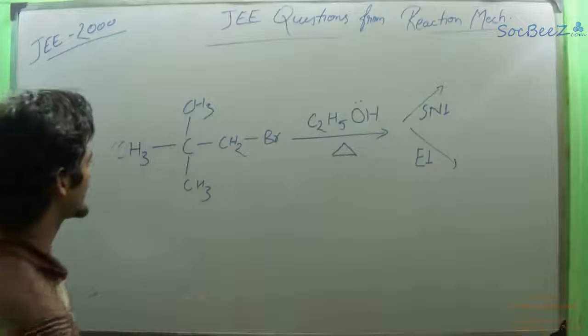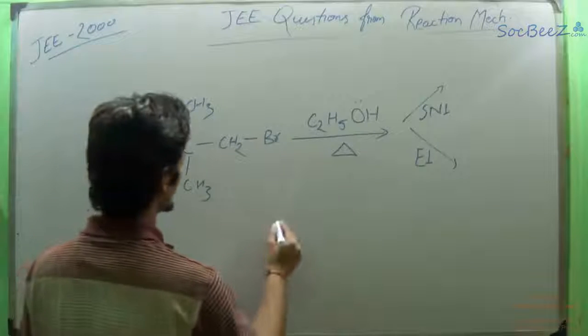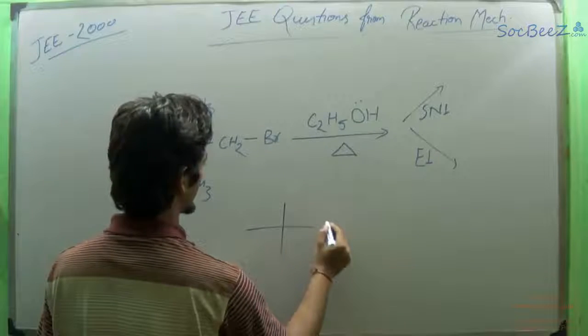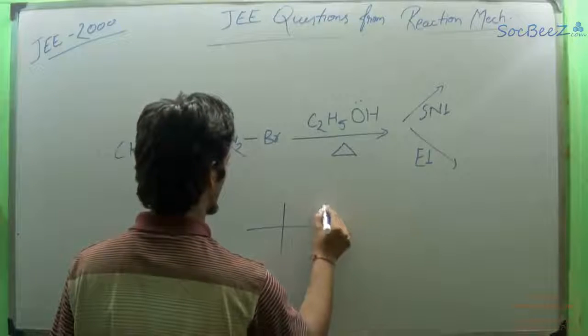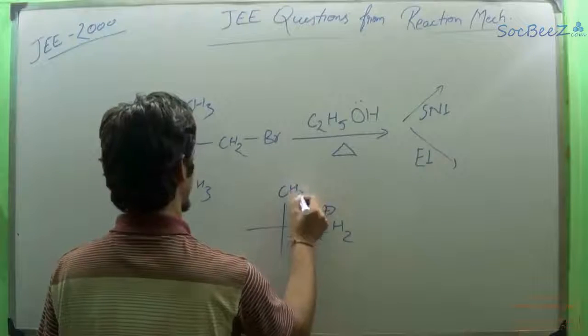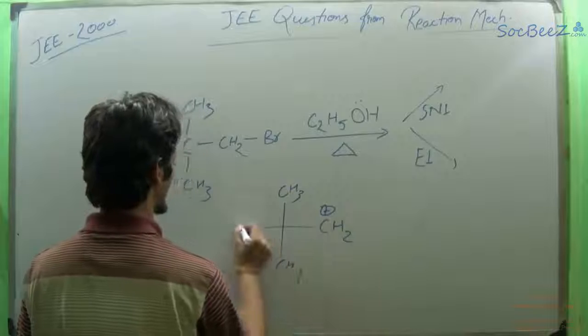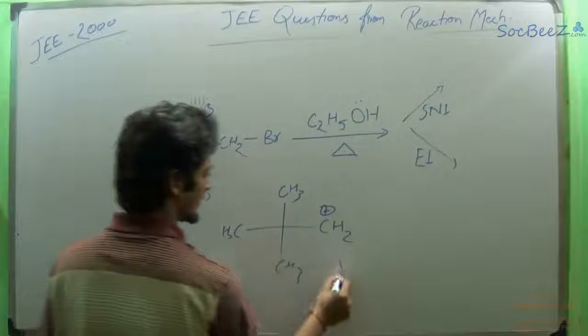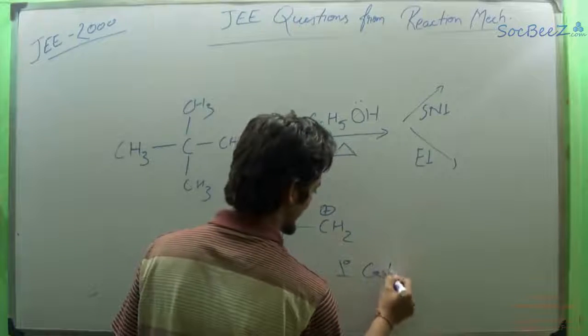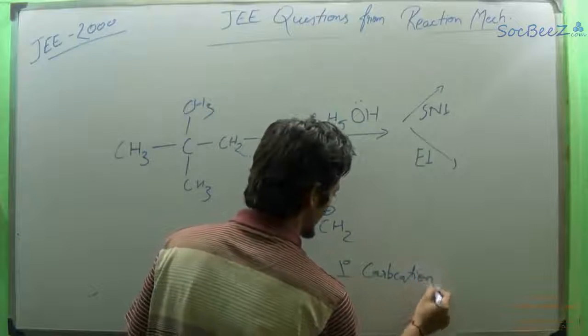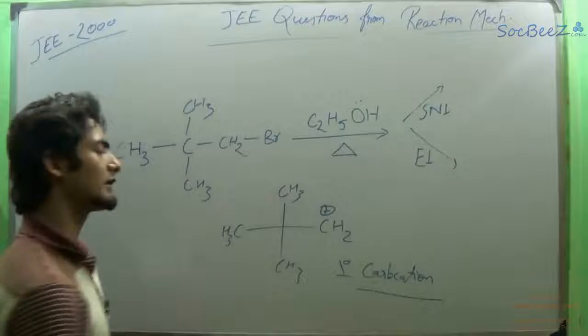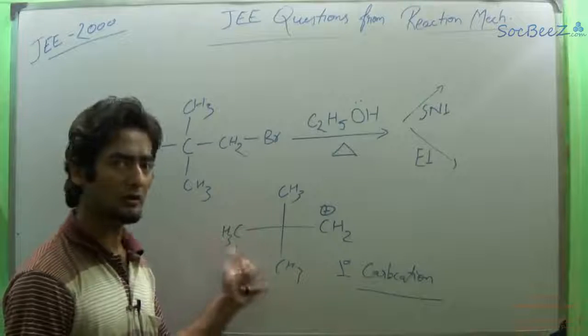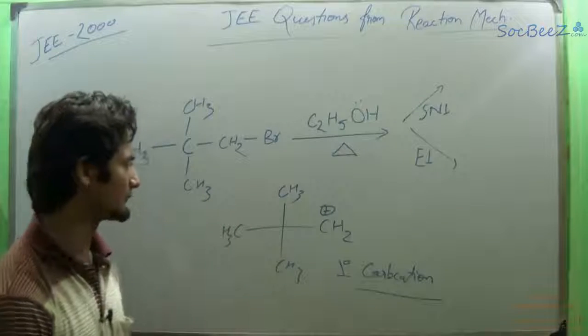The first step is elimination of the leaving group. Thus, it forms a 1 degree carbocation, (CH3)3C-CH2+. And we know very well that a 1 degree carbocation is not stable at all, so it will have a shift.